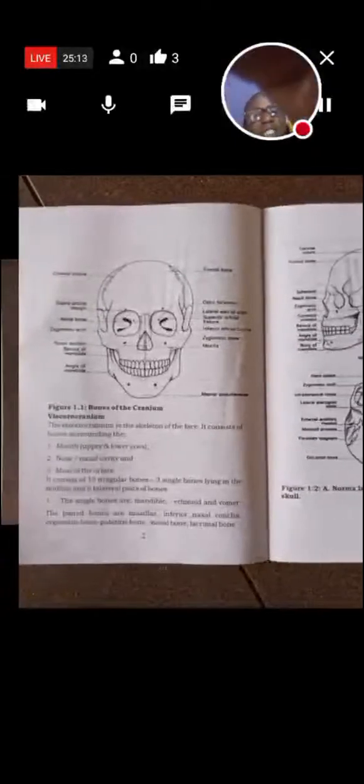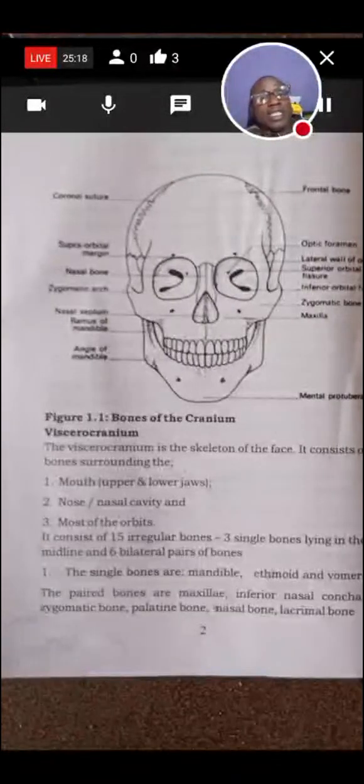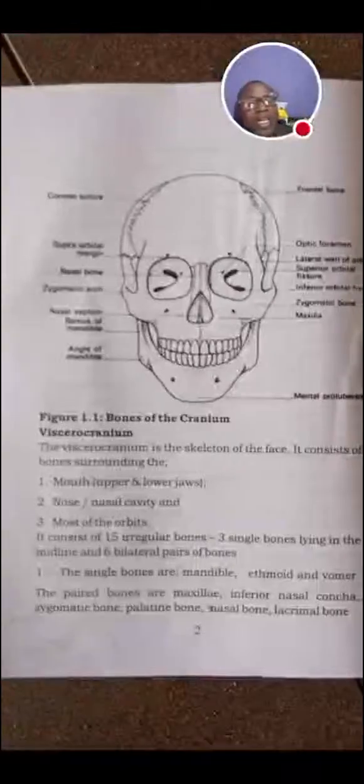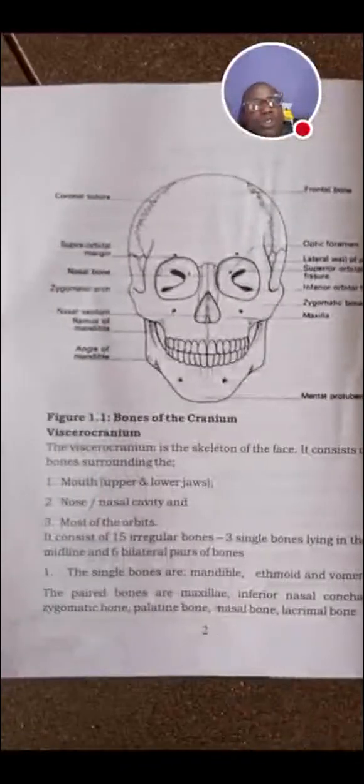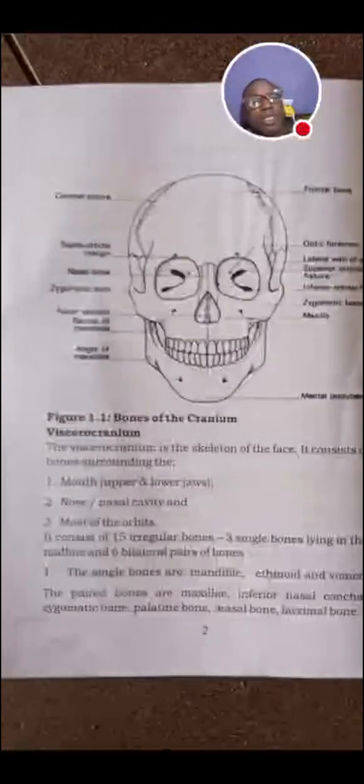Okay, so we are looking at the next one now, and that is viscerocranium. We say viscerocranium is the skeleton of the face. It consists of bones surrounding the mouth, the nose, and most of the orbit.